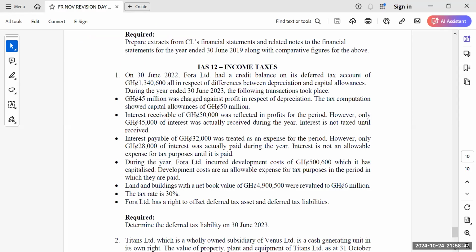Let's go to this one. Interest receivable of 50,000 was reflected in profit for the period. However, only 45,000 of interest was actually received during the year. Interest is not taxable until received. Okay, so what will happen here?